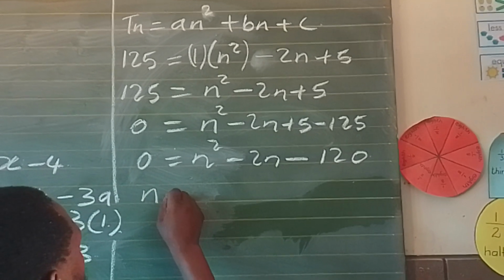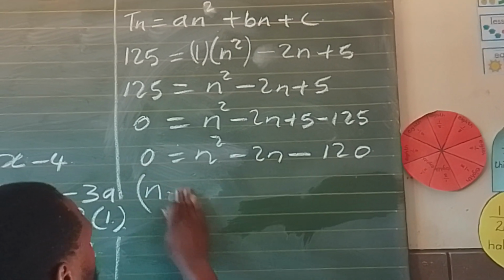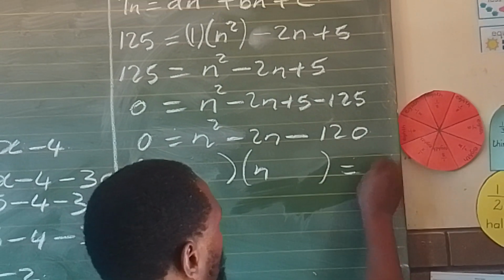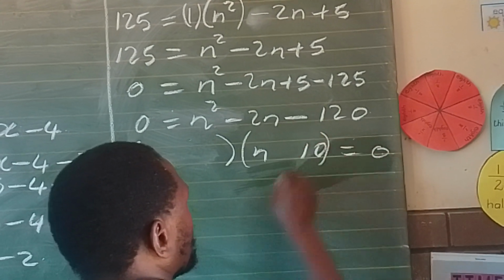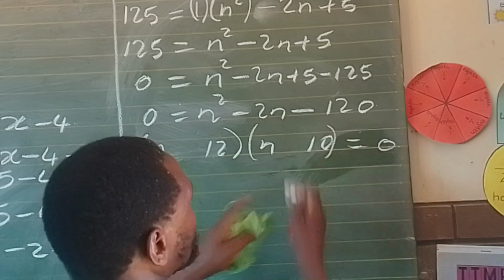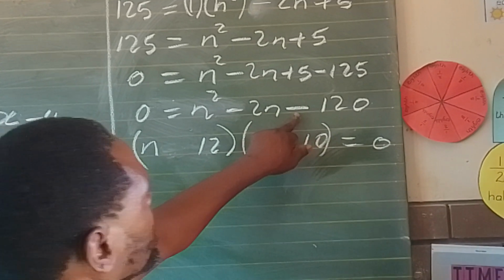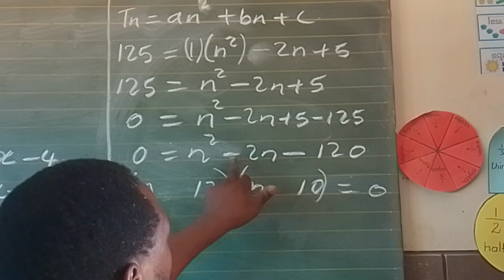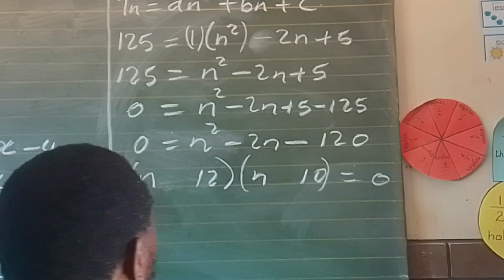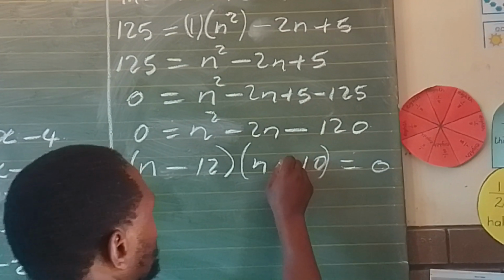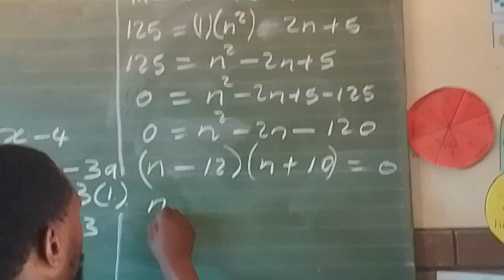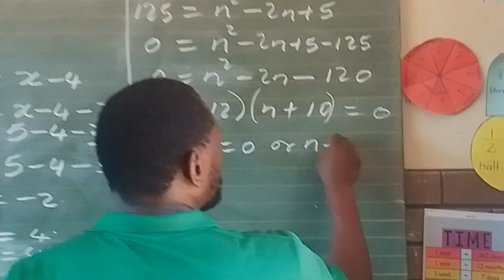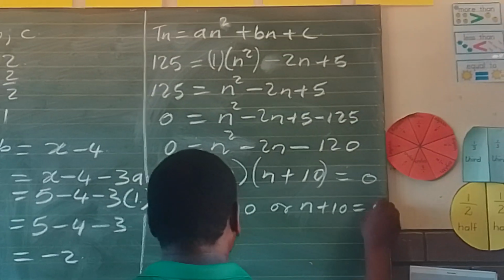Then n minus, it's 10 and 12. The factors, this says that they are not the same, they are different. The bigger one must have a negative. So 12 is bigger than 10. n minus 12 is equal to 0, or n plus 10 is equal to 0.